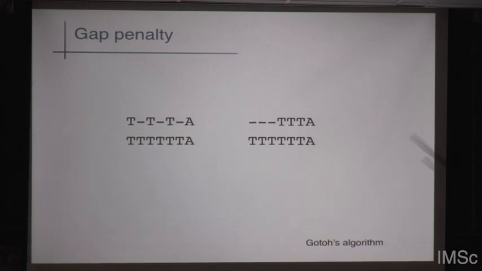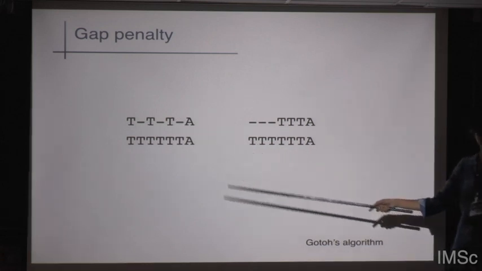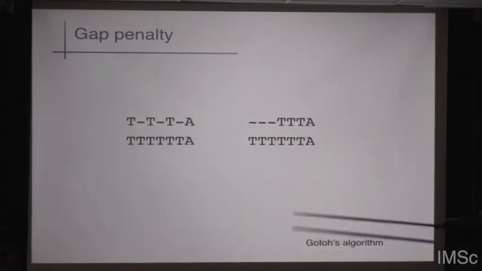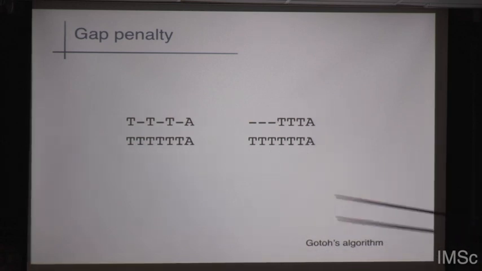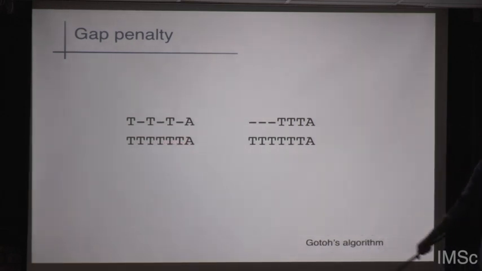Because if you remember the mutations I spoke about yesterday, where you have an insertion and you have a deletion, this means that you have three different events. Here you have just one event, because this is like saying that a chunk was deleted, instead of saying a T here was deleted, then a T there was deleted, and a T there was deleted.